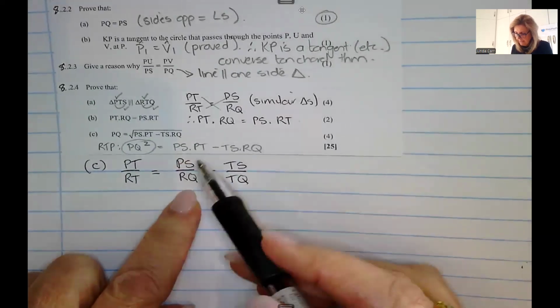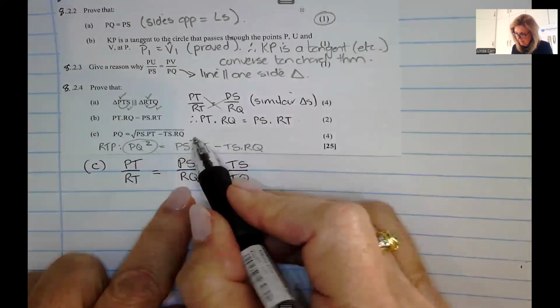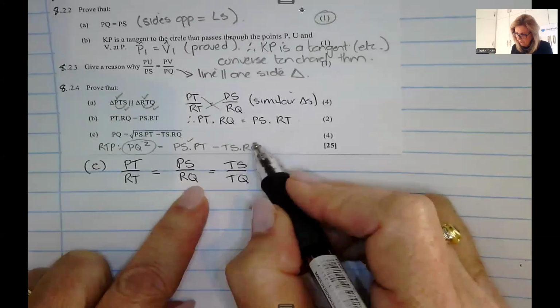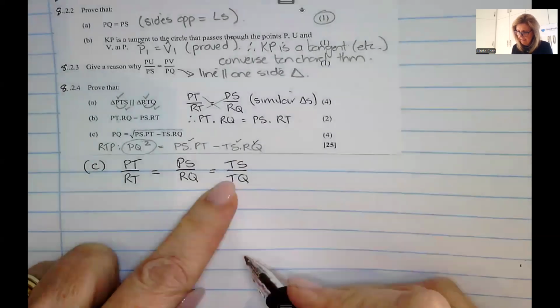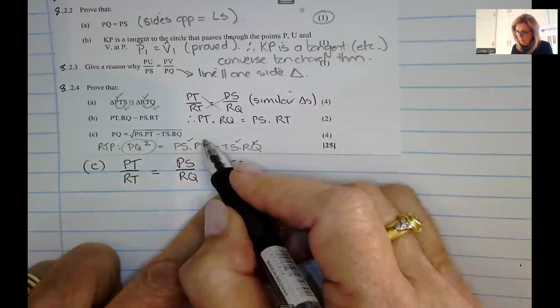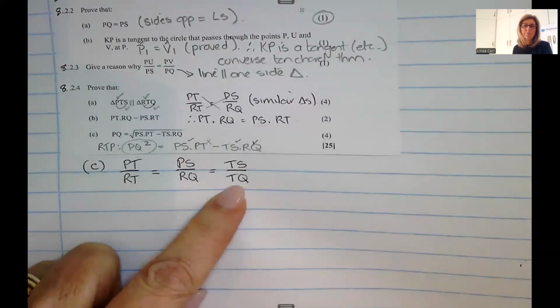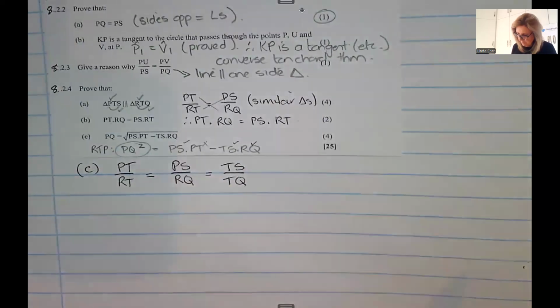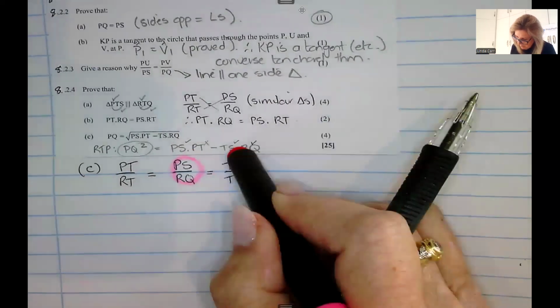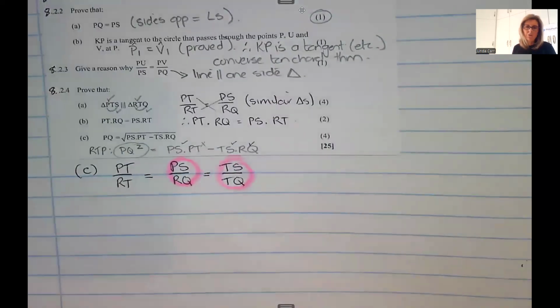So PS, RQ, TS. So the only one that doesn't come into it is PT. So I'm feeling reasonably comfortable with the fact that I'm going to use those two.